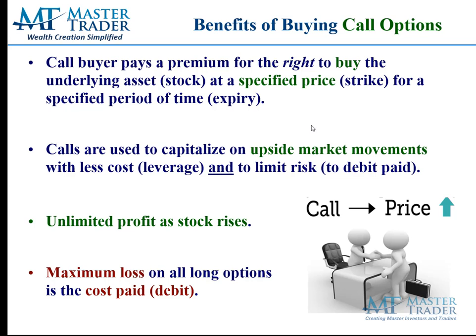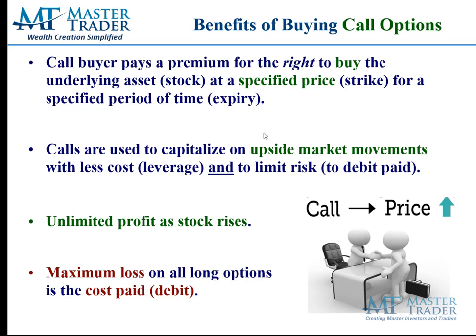Because maybe I don't know if I'm moving to that city or I want to keep searching for other opportunities, whatever the case. And the seller is willing to take it off the market, give up other opportunities to put $5,000 in his pocket. And the only other obligation is having to sell the house at $500,000 if he gets a notice from the call buyer saying, yes, I would like to exercise my right.